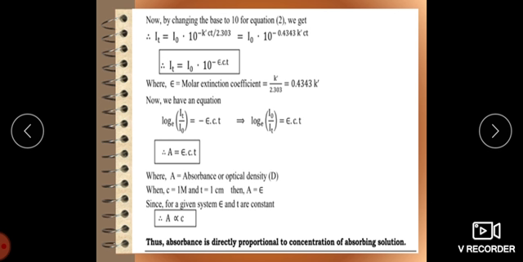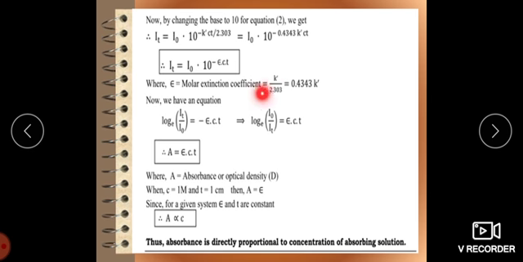Now we can rearrange that equation: log to the base e of It upon I0 is equal to minus epsilon ct, so log to the base e of I0 upon It is equal to epsilon ct, because by rearranging, the minus sign vanishes.